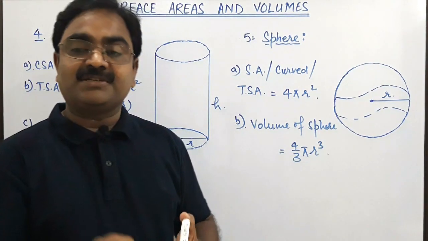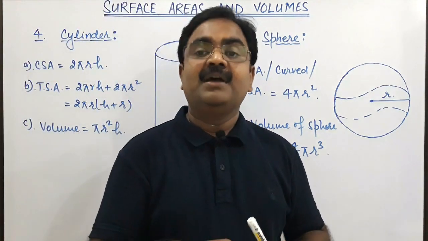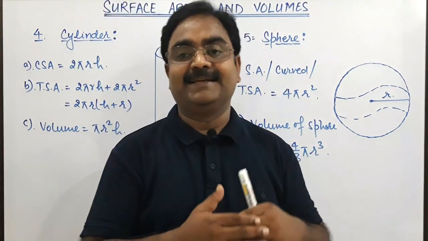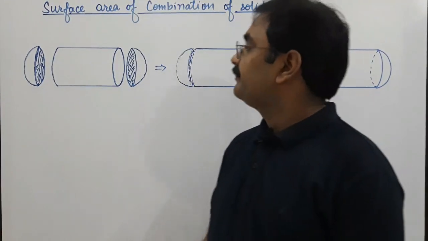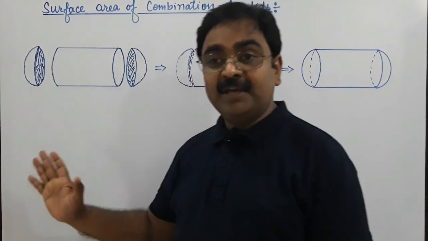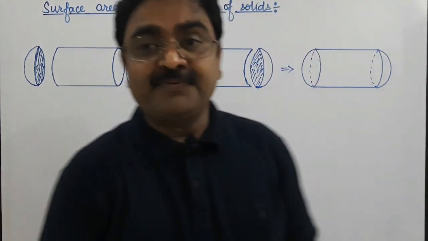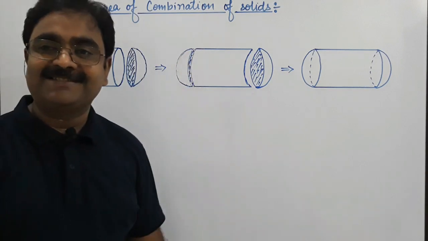So let us first of all introduce what is a combination of solids and how to find their volumes and surface areas. Okay friends, here we come to our topic, which is surface area of the combination of solids.